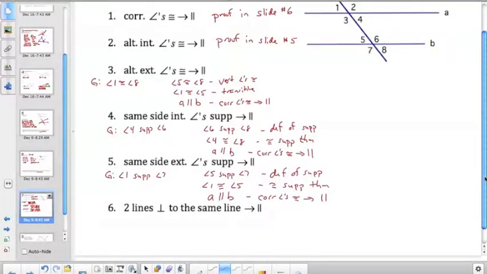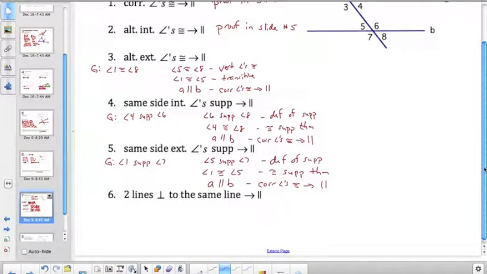Now the last one is slightly different, and basically it says that if 2 lines are both perpendicular to the same line. Okay, so let's think about that. So here I have this line, we'll call it line C. If I draw A such that it's perpendicular to C, and I draw B such that it's perpendicular to C, then A and B have to be parallel.